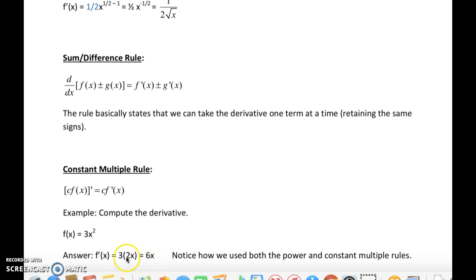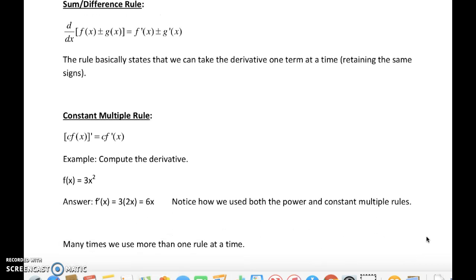We end up multiplying those two things together and getting 6x. So here we're using both the power and constant multiple rules in order to get this derivative, right? And many times, almost all the time, we use more than one rule at any one time. So let's go ahead and look at a couple derivative examples so we can get a feel for this.